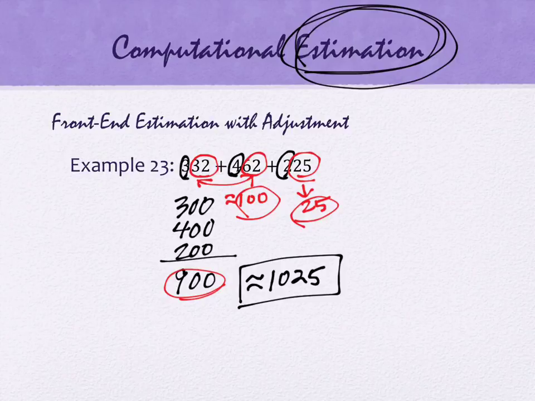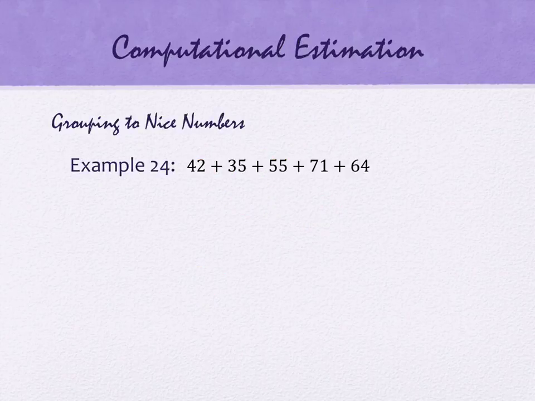Okay, same idea on the second one with this whole idea of grouping nice numbers together. So this is like the compatible numbers, but you're just looking for the ones that seem to be close to compatible. They're almost able to be grouped, okay? And your grouping and mine might not be exactly the same. So I'm just going to start with my 42. What would you like to add to the 42 or group with the 42? 64? All right.